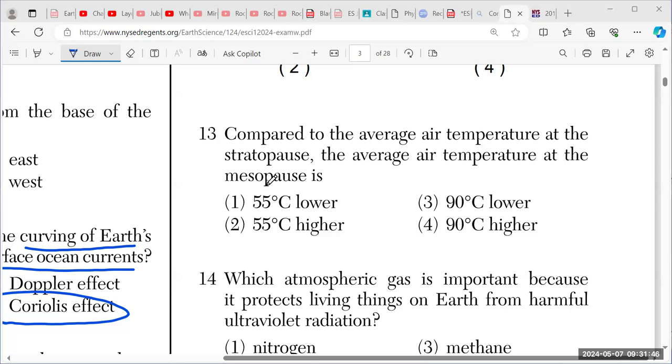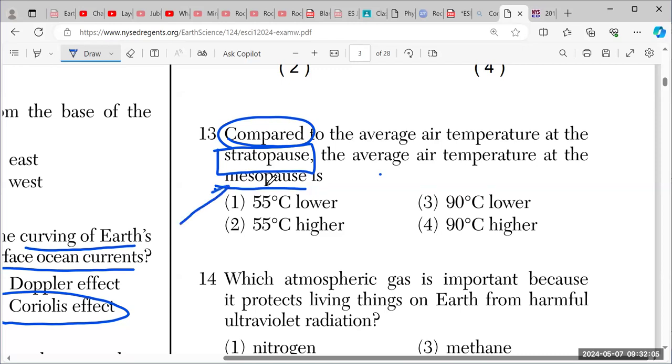Number 13. Number 13 says, compared to the average air temperature at the stratopause, the average air temperature at the mesopause is. So at the end of the day, my final answer has to deal with the mesopause compared to the stratopause.